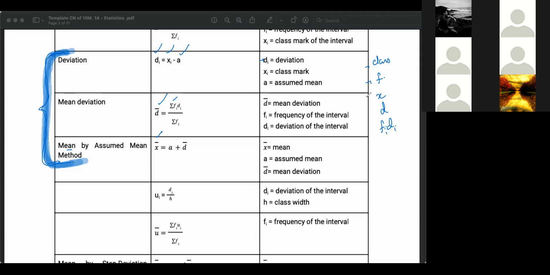So 5 columns. These 2 will be given. These 3 you need to work out. And if it would have been direct method, instead of d and fi di, we would have made fi xi. So in place of these two, just fi xi will come.